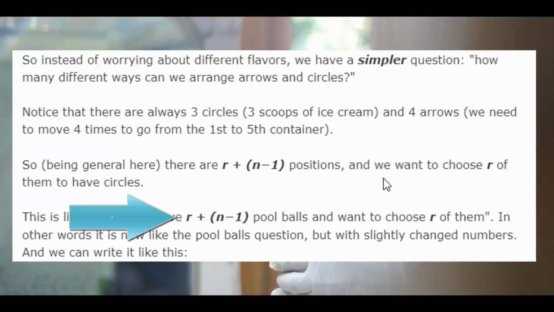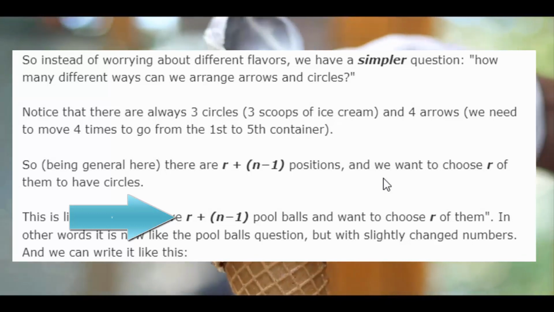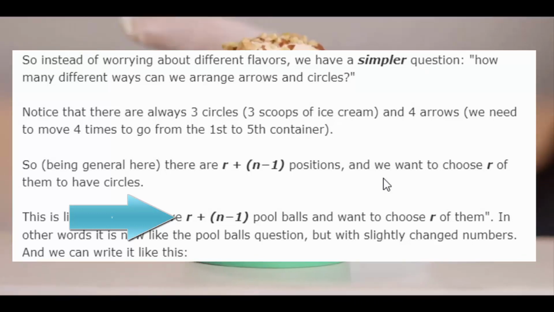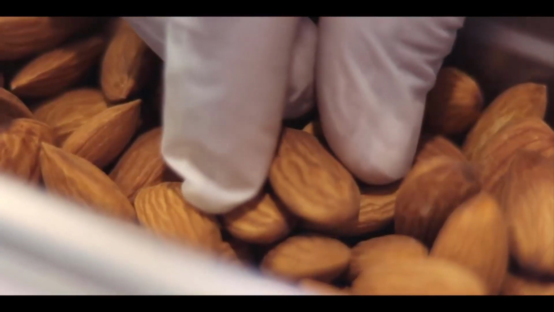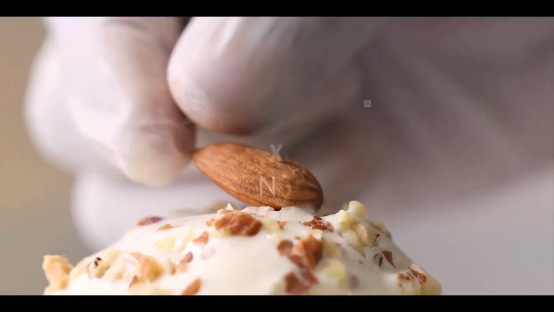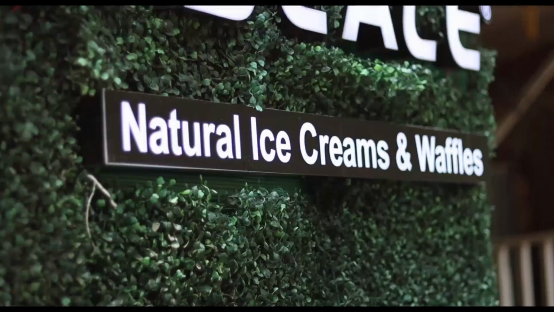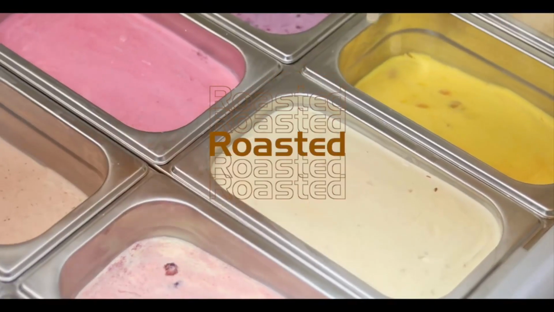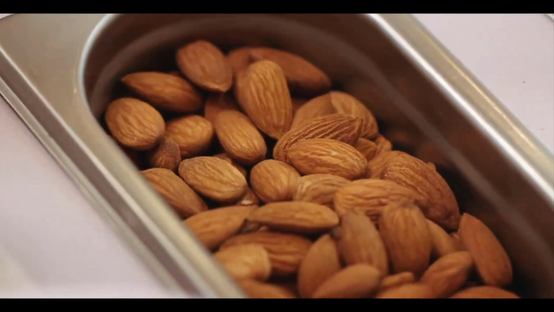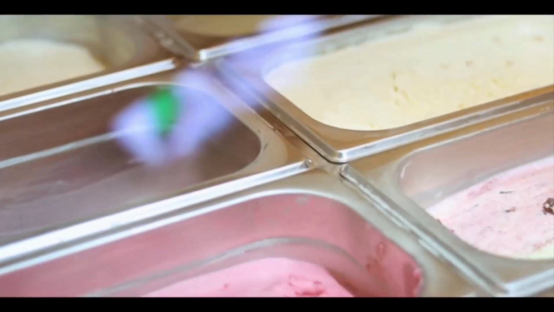In other words, it's like the pool balls question, but with slightly changed numbers. Let's look at the way that we can take our equation here and change the numbers a little bit to choose our ice cream example where repetition is important.